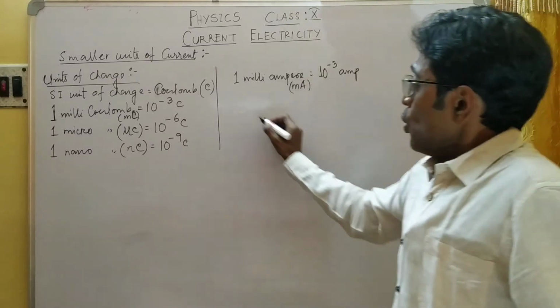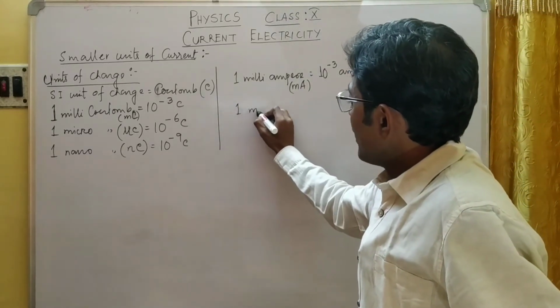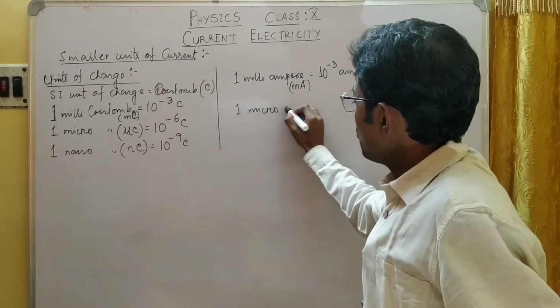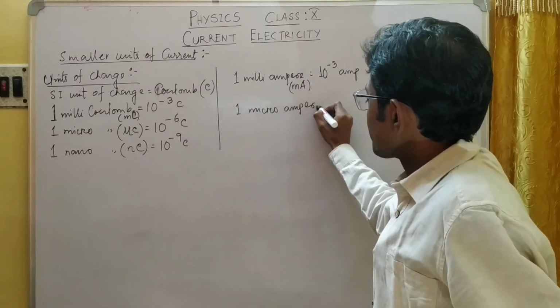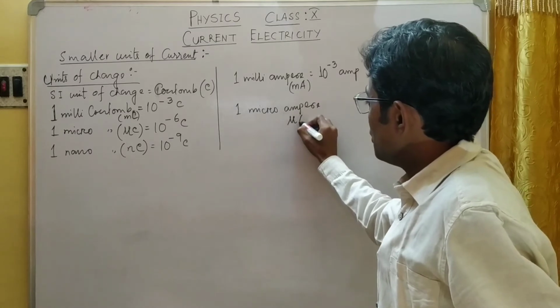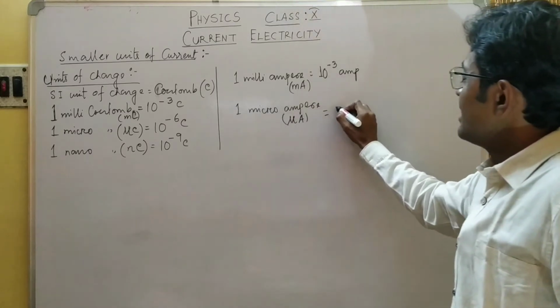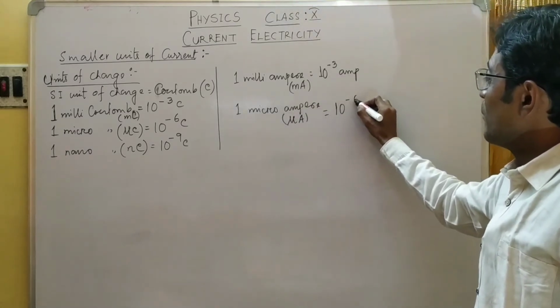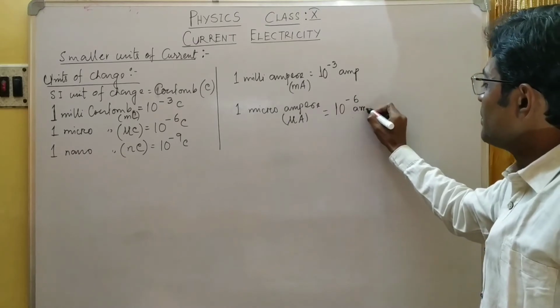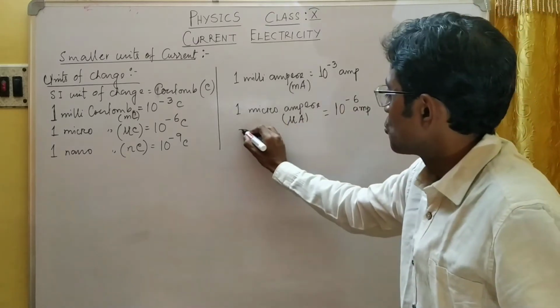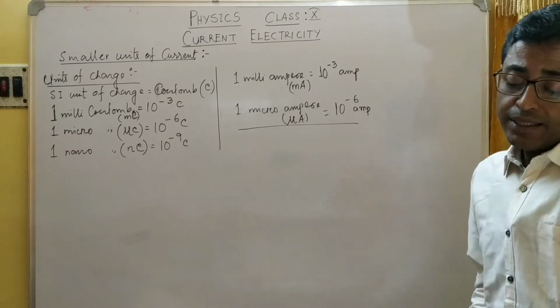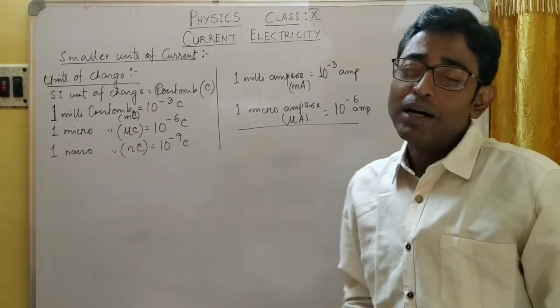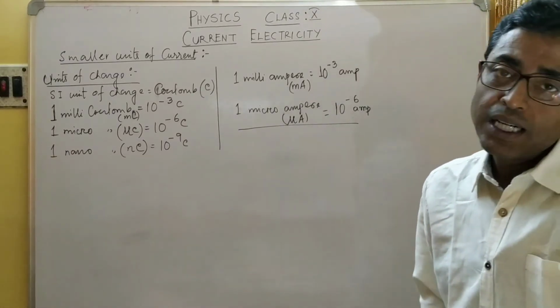And 1 microampere is denoted by μA, and it is 10 to the power minus 6 ampere. So remember these two.